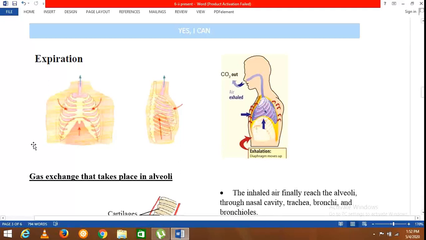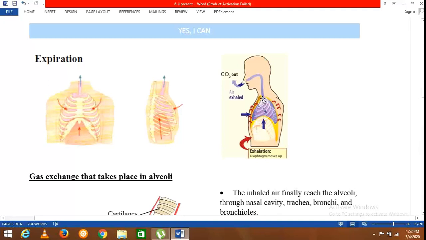And the diaphragm also relaxes and it becomes more curved as it was in the normal position.